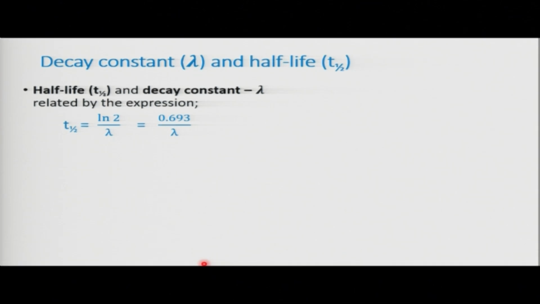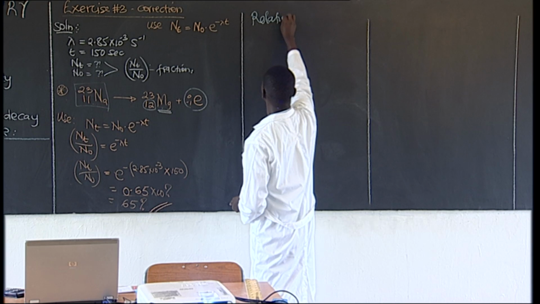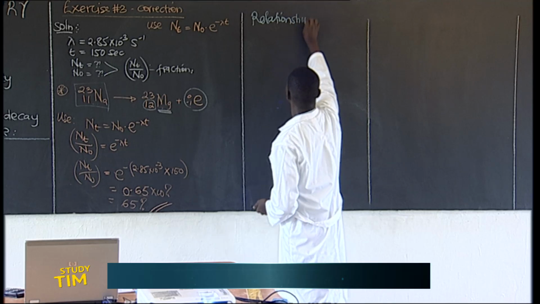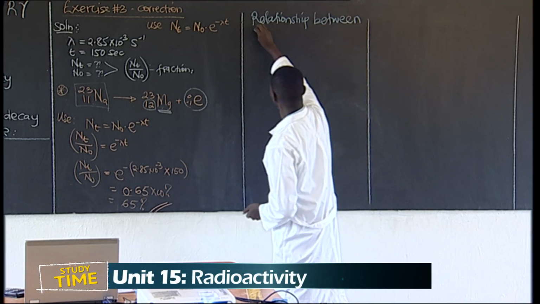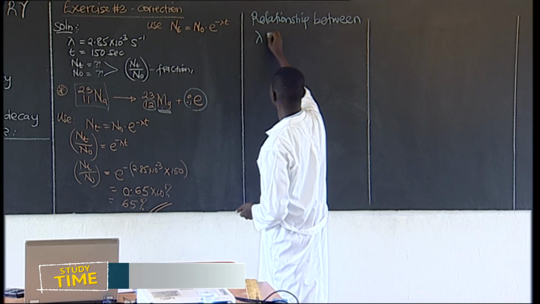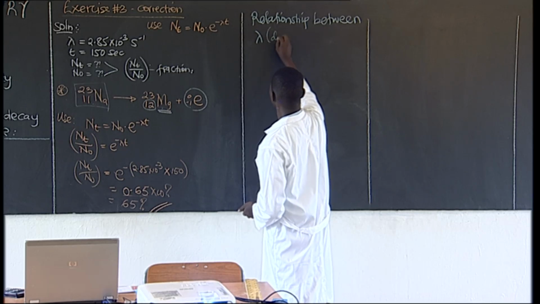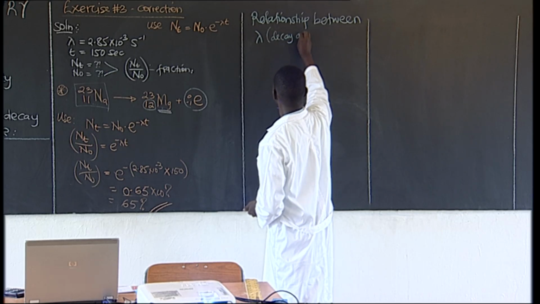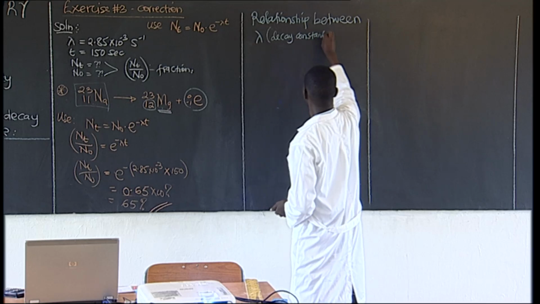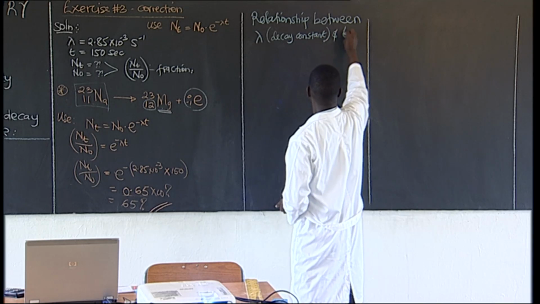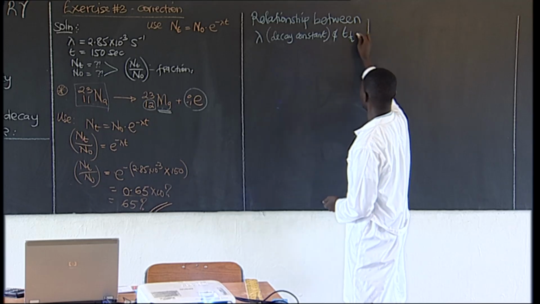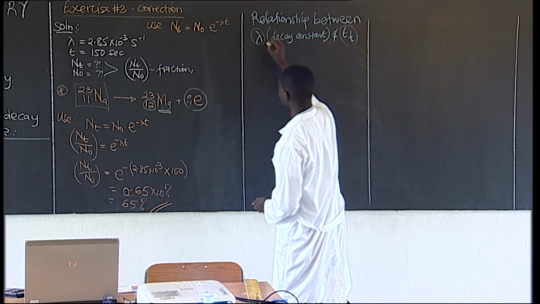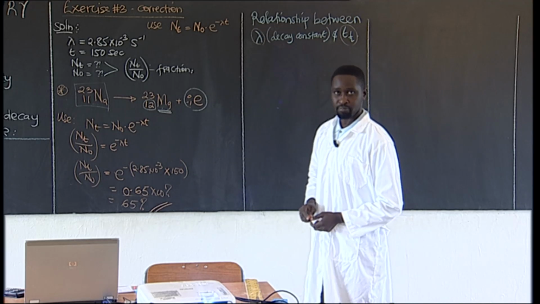This is the relationship between lambda, which is the decay constant, and half-life. So we are now going to relate half-life and the decay constant.